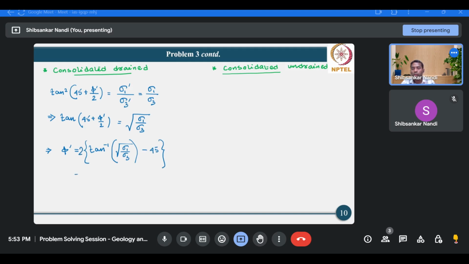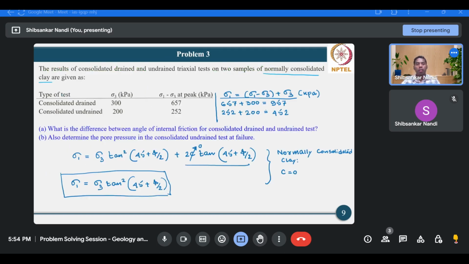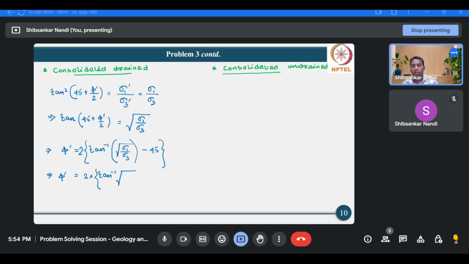Okay, now if we substitute the values, your sigma 1 value is 957 and the sigma 3 value is 300. So 957 by 300, minus 45.